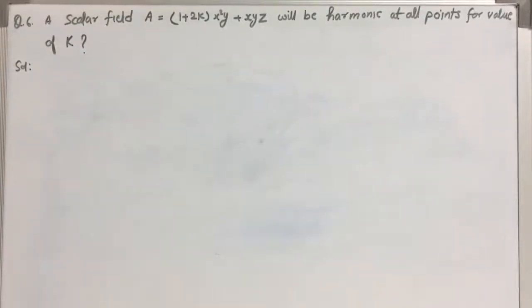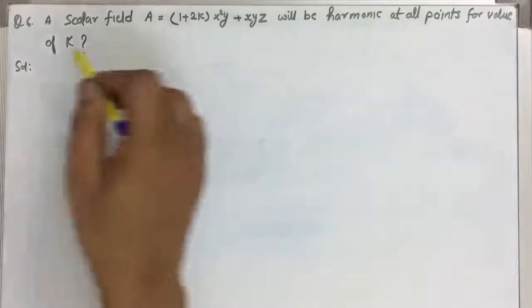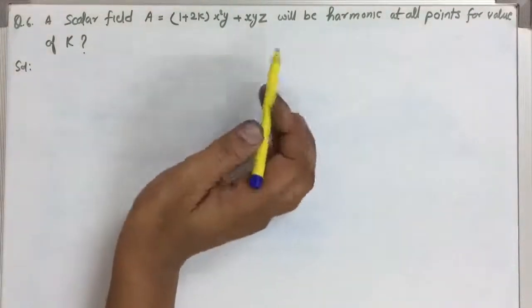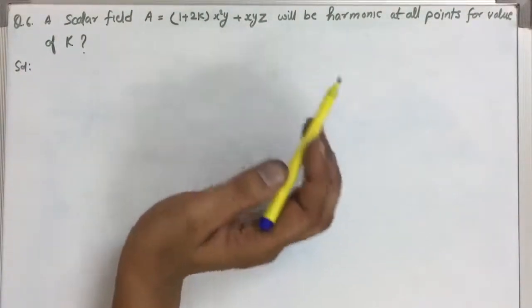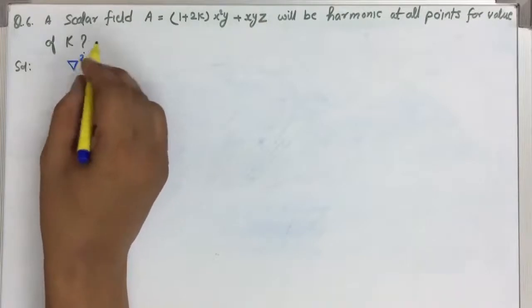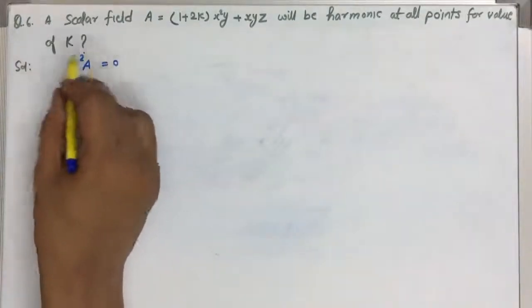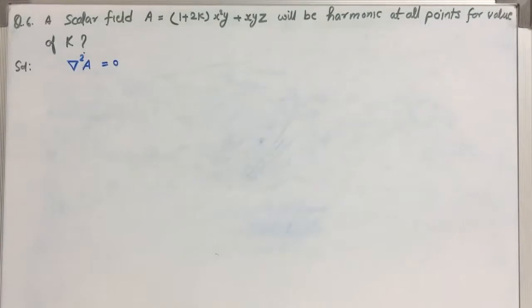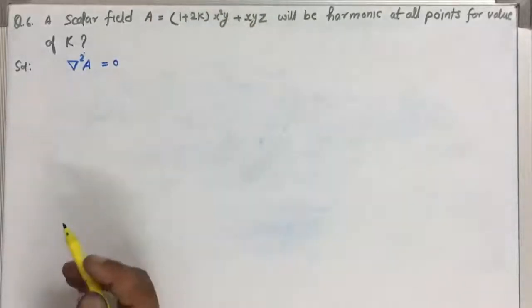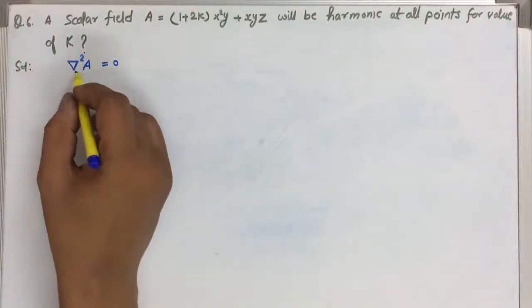Now the next question is, a scalar field A will be harmonic at all points for what value of k? The field is scalar, and if any scalar field is harmonic, then the Laplacian of that field will give you 0. This should be clear to all of you. So in this case we have to find just the Laplacian of this scalar field A, and we know this is a double derivative.